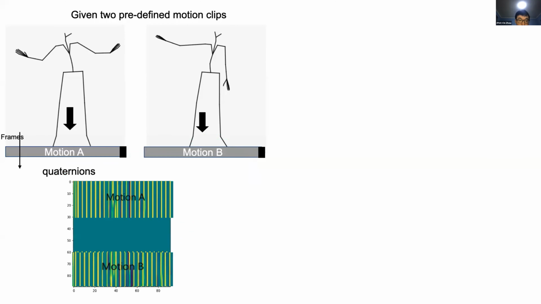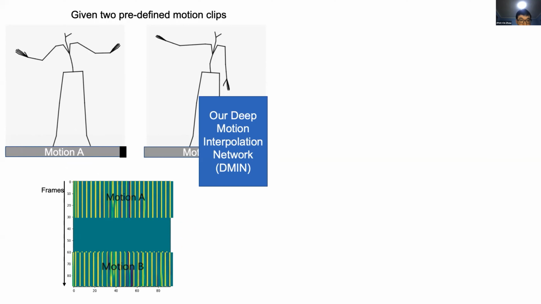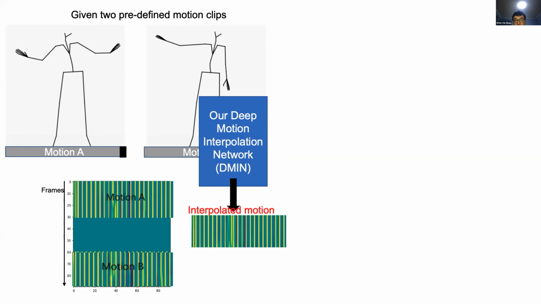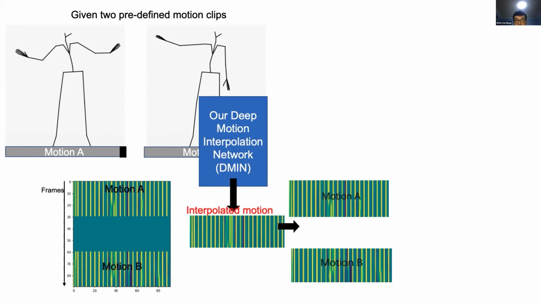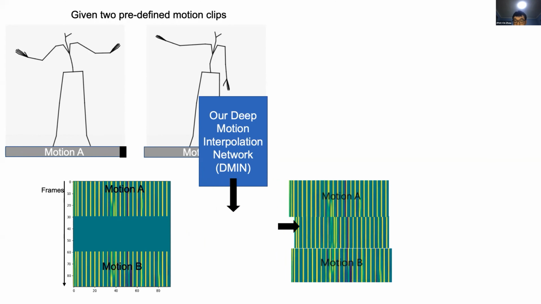So the input of the network is a missing image, and using our deep motion interpolation network, it can generate the interpolated motion. And finally, the interpolated motion can be converted back to motion clips.